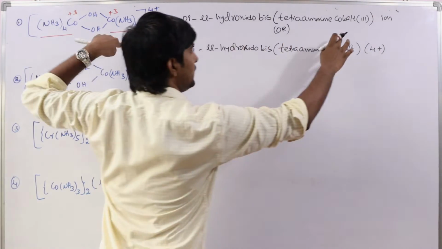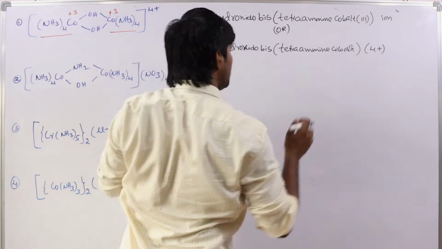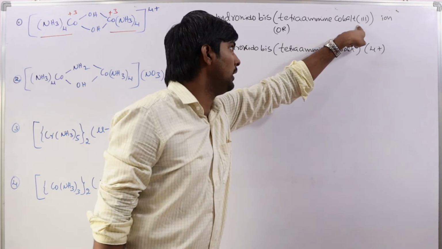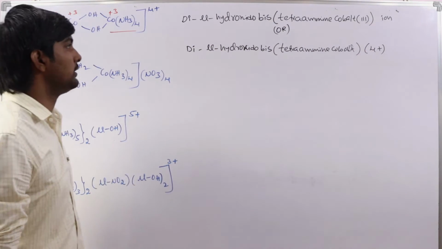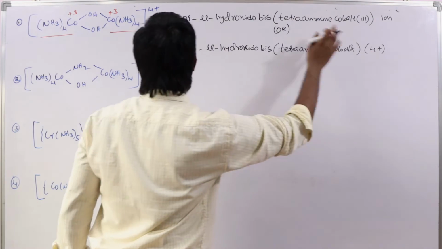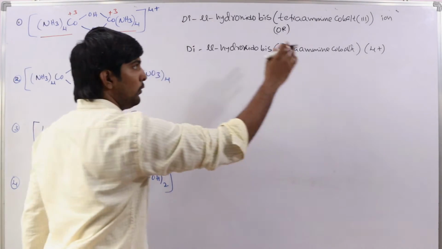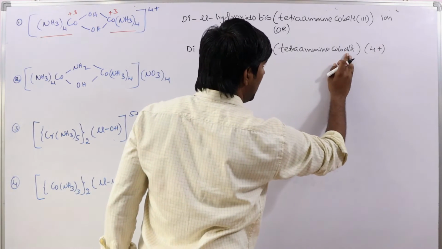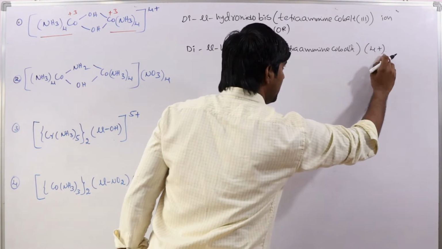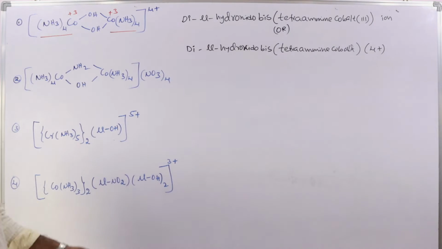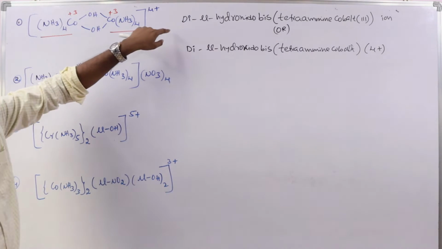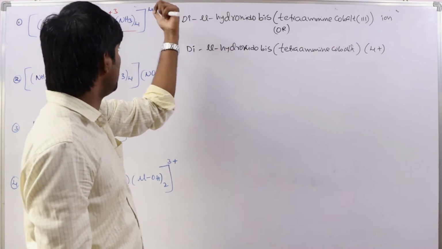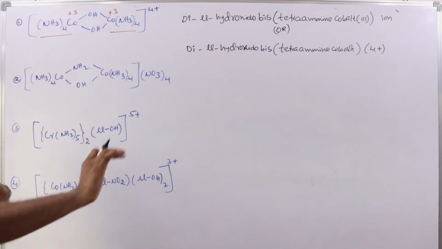In the first, we are mentioning the oxidation state of each cobalt atom, the oxidation state of the metal. But in this one we are simply writing the charge present on the coordination sphere, that is 4 plus. After writing bis tetraamine cobalt, close the bracket, and again in brackets we write the charge present on the coordination sphere. Both are correct.